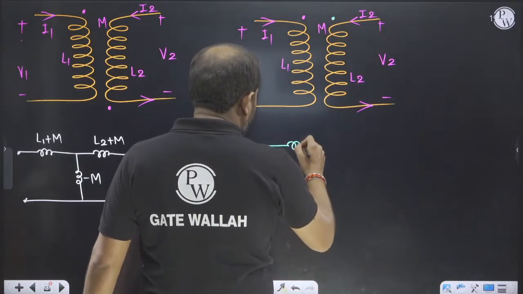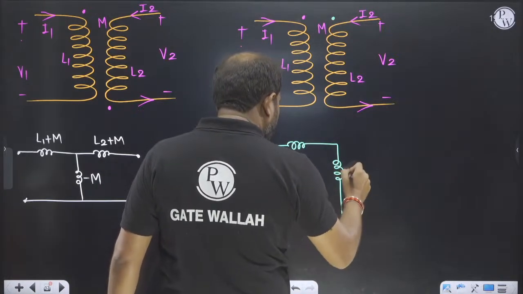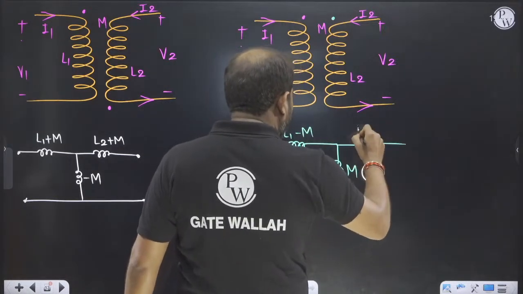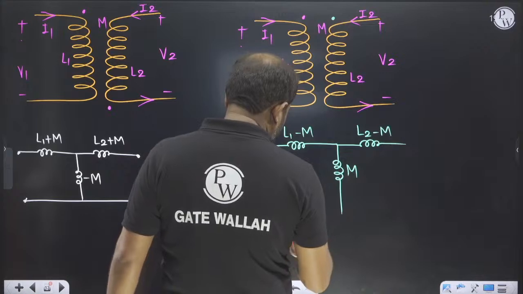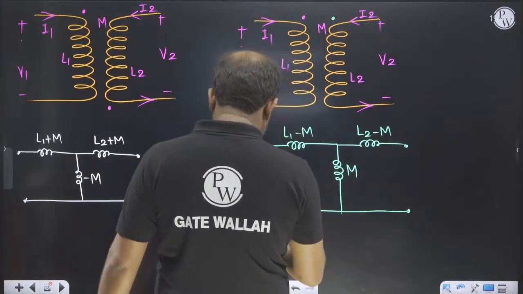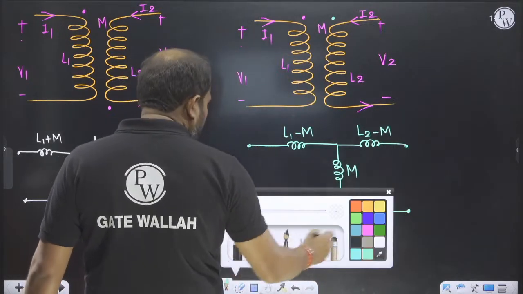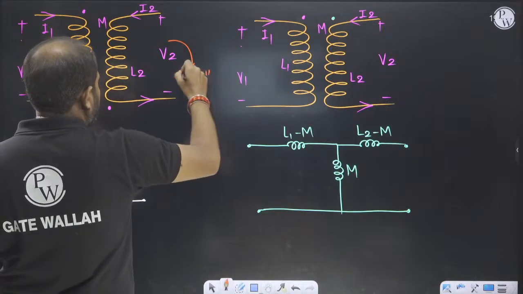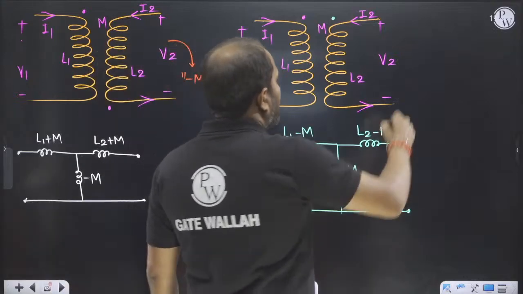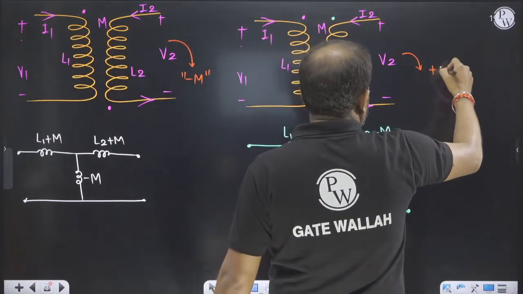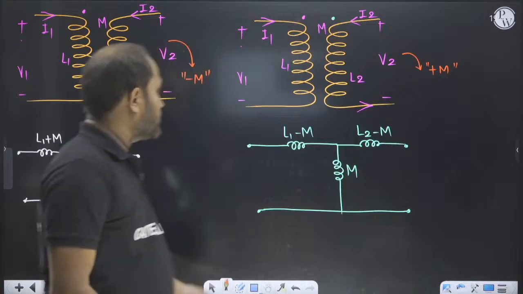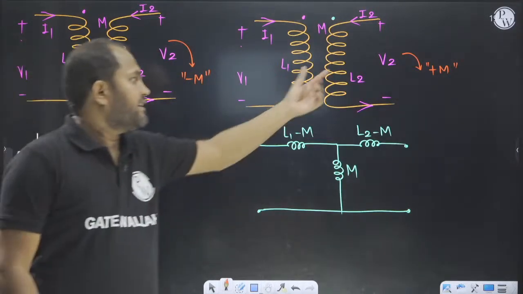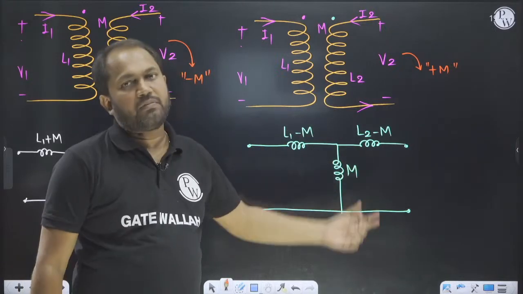If it is plus M, then it will be L1 minus M and L2 minus M. This is the condition for plus M, and this is the condition for minus M.